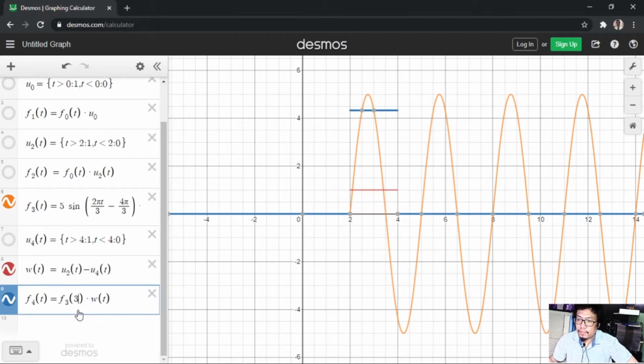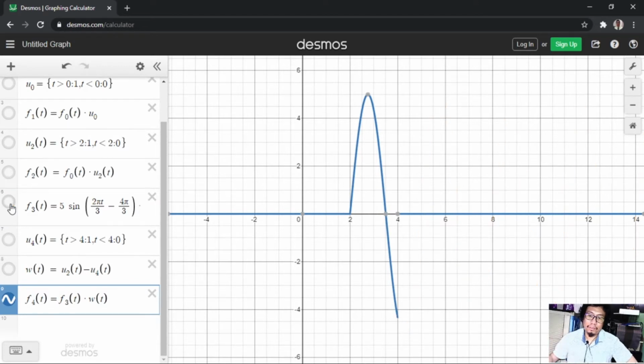This should have been t, not 3. So the blue graph that you are seeing now is the product, and trying to eliminate other waveforms, you now see that the function is a windowed version. It's only non-zero for that particular interval only.